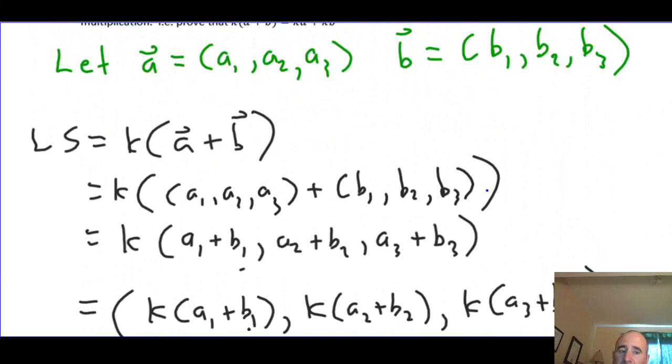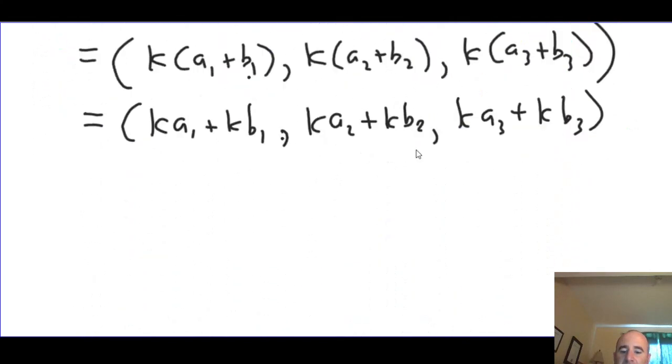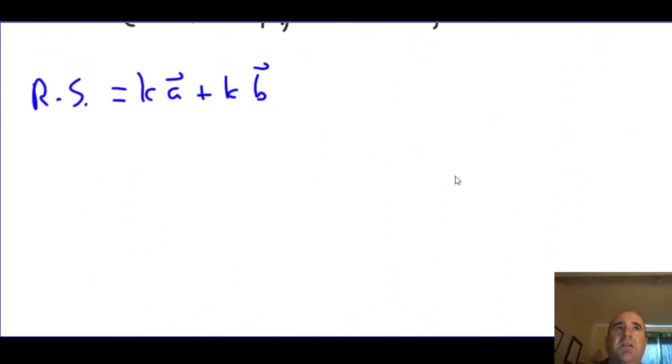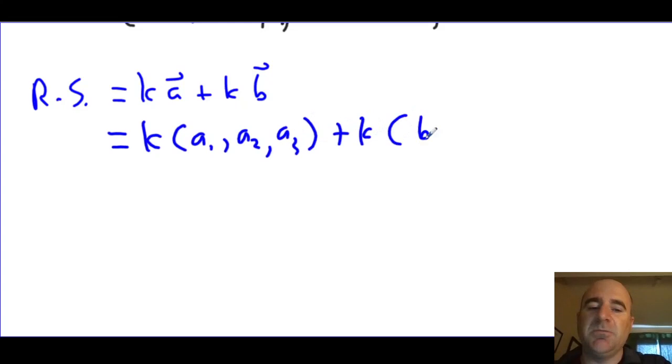So for the second part of the proof, I know this is long, we do the same thing with the right side. So the right side is k a plus k b. We're going to sub vectors a and b into this equation. So vector a, of course, was a1, a2, a3, and vector b is b1, b2, b3.